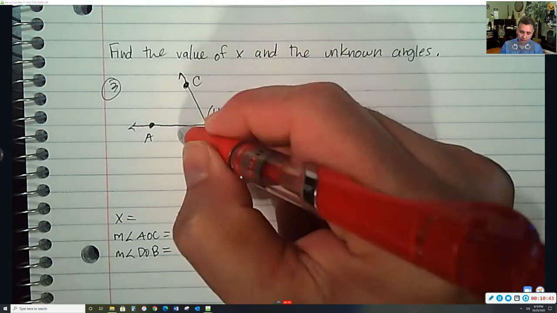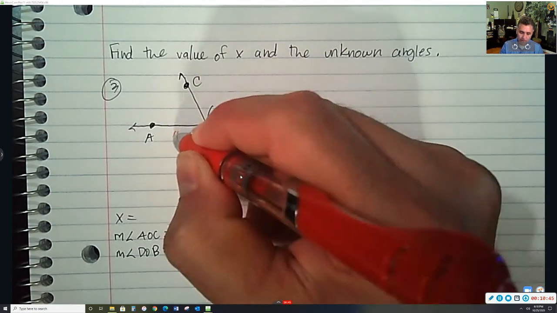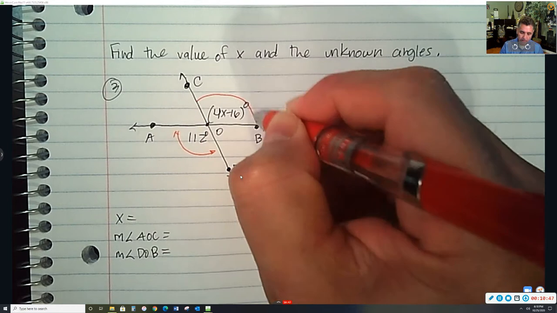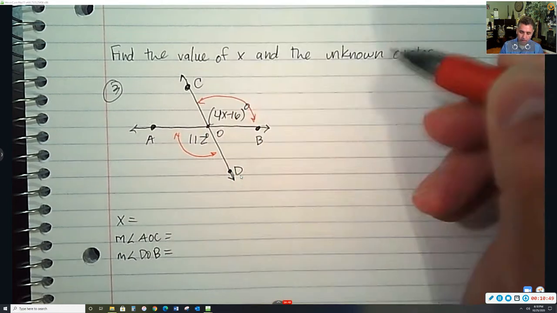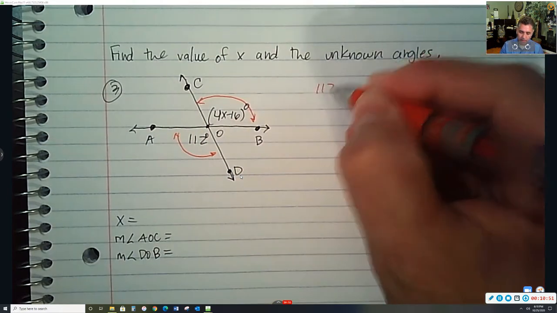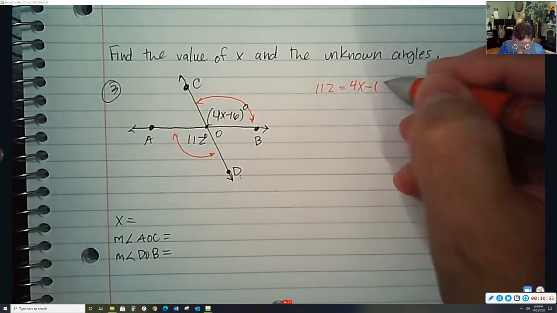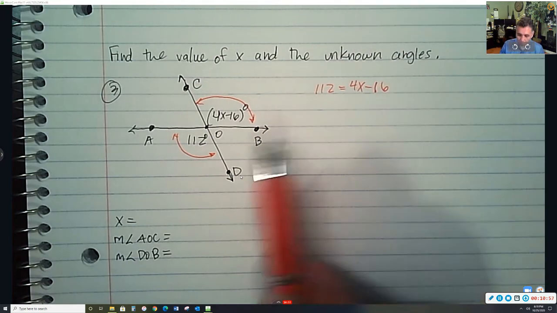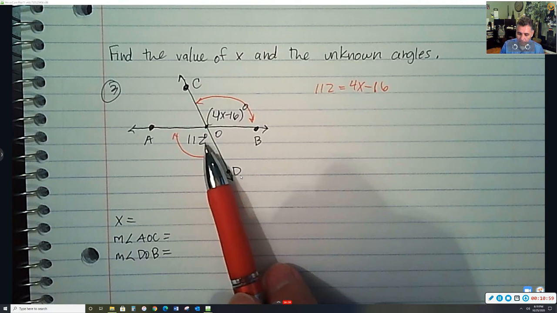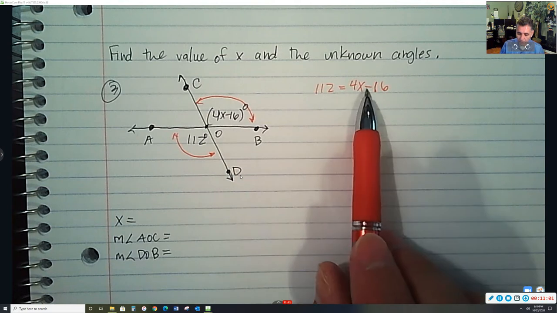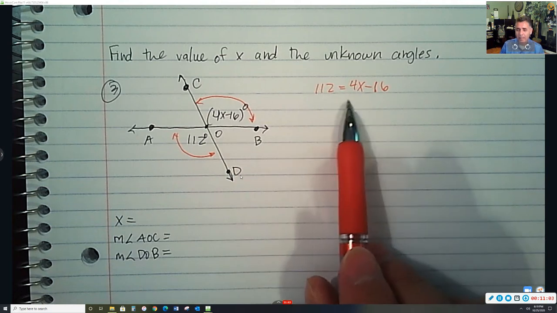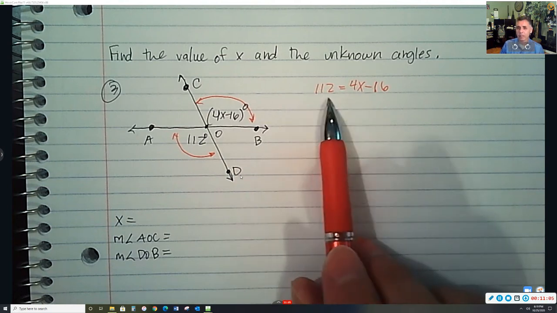So again, this angle and this angle are vertical angles. And because they're vertical angles, I know they're equal. So I can set them equal. 112 equals 4x minus 16. And then I just need to solve that equation to figure out the value of x.